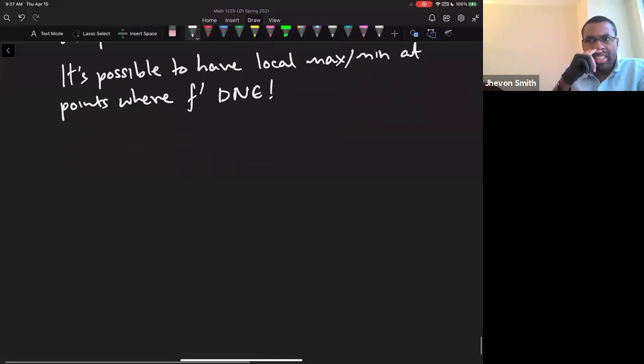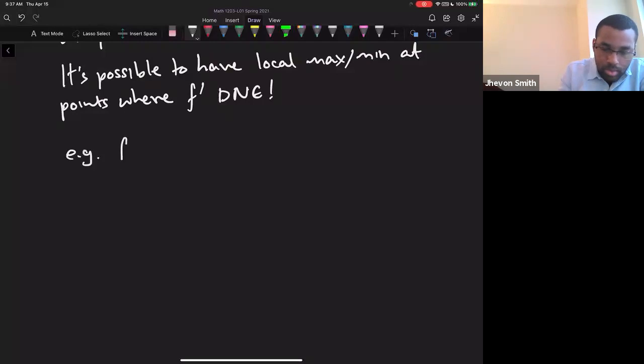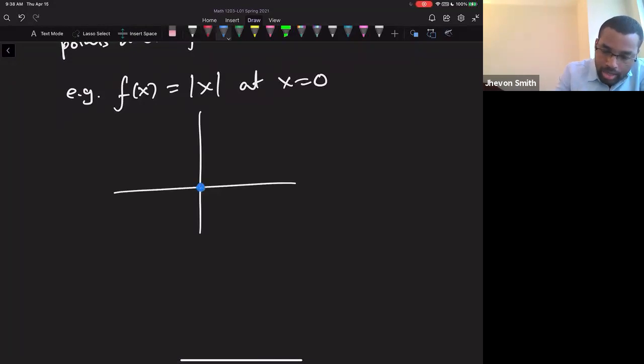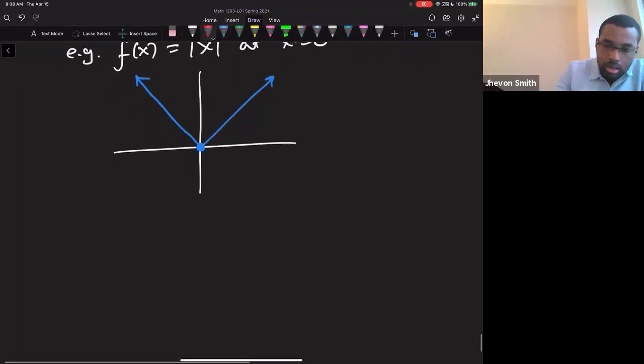Does anyone know an example? We've actually touched on an example several times in this class already. Absolute value of x at x equals 0. We know that this has a minimum at 0. So here, notice we have a local min.